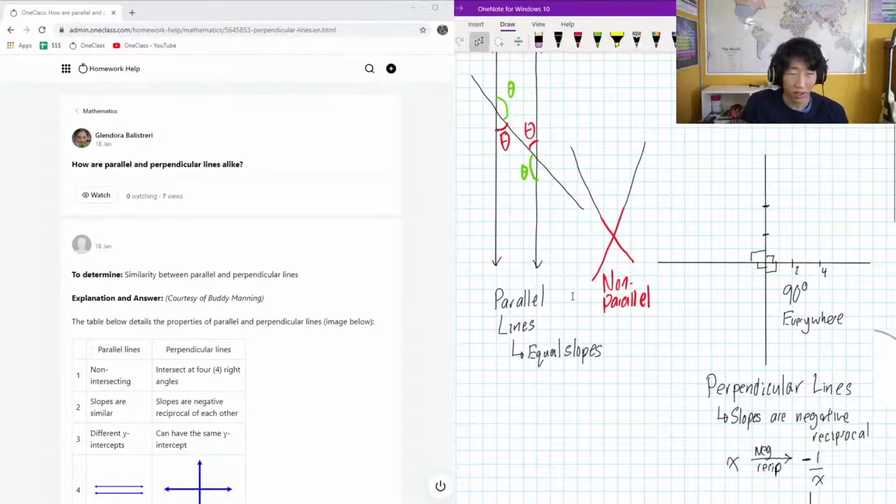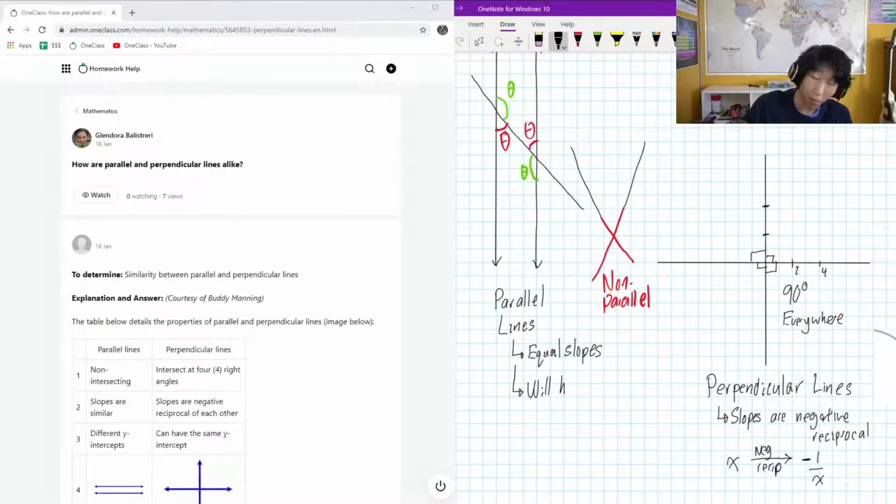Okay? And another thing about parallel lines is that they must have different y-intercepts if they're not the same line. Technically, if I draw a line like this, and I draw a second line directly on top of it, they're the same line.